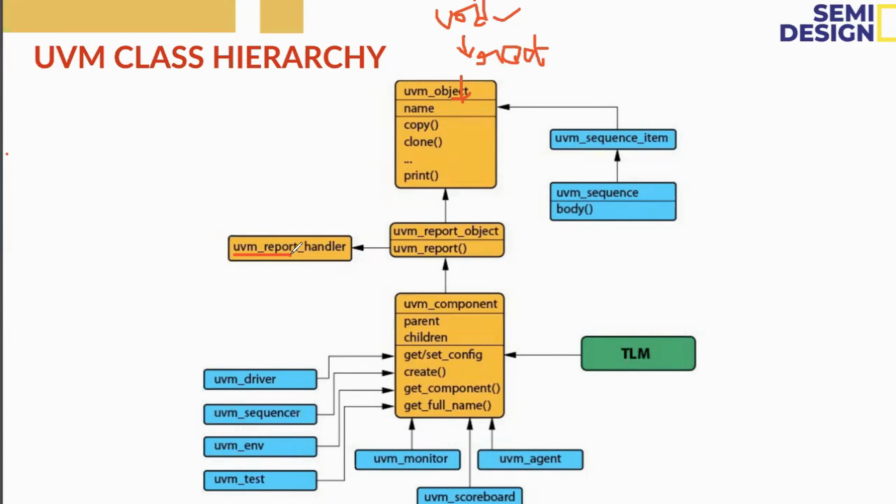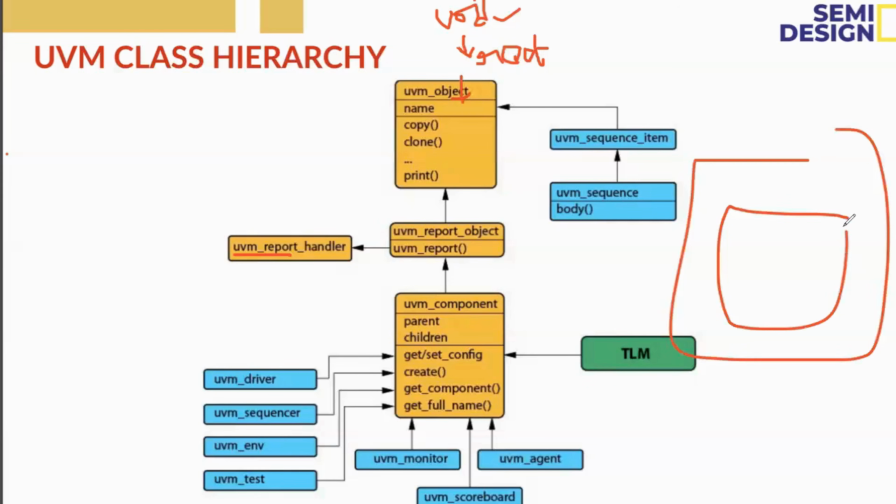UVM root means it is a top level component. Basically, whenever we define some testbench architecture, it is going to be instantiated in the test. The top level is the testbench architecture, and the next one is the test, right?